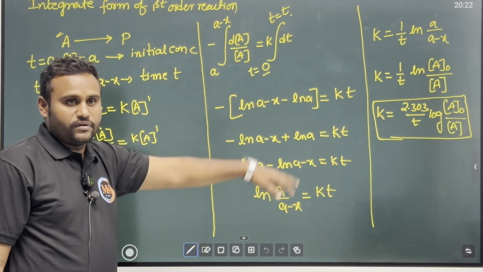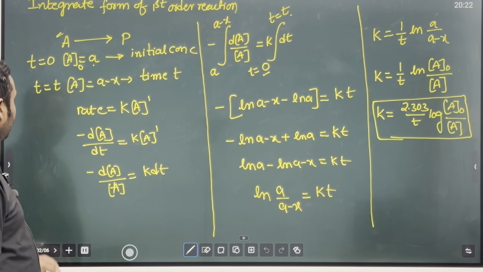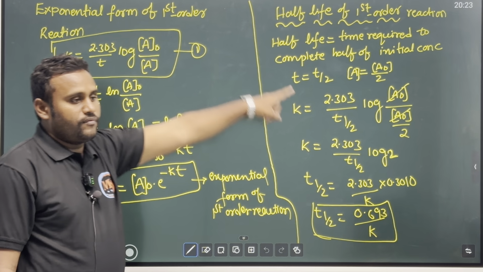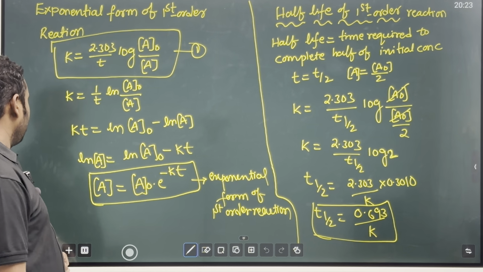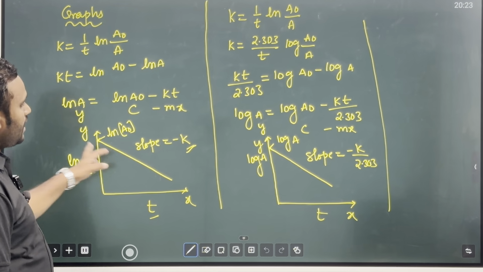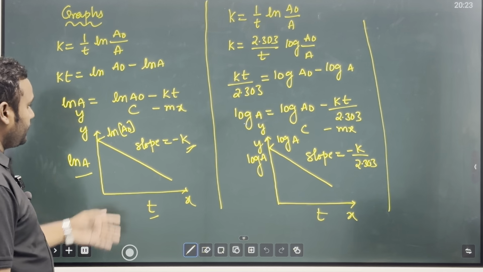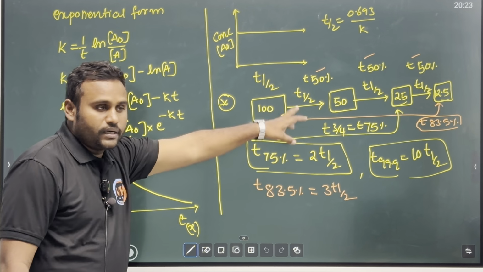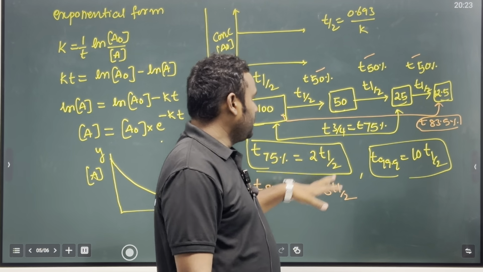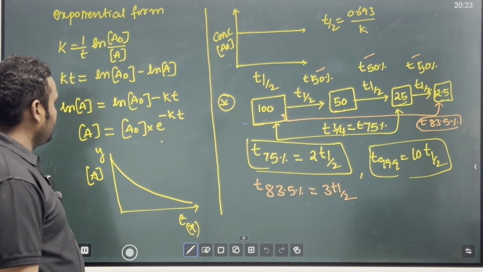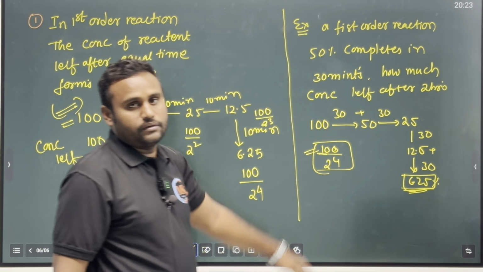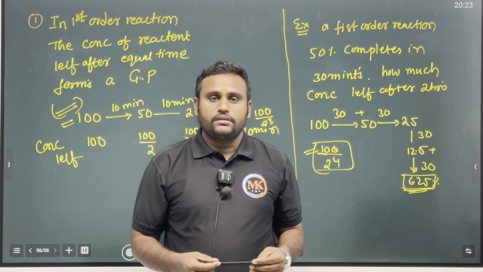What is the integrated form? And the exponential form of first order reaction, and half life of the first order reaction. And next, graphs related to the first order reaction, important graphs. And then after, some important relations in the first order reaction and some calculations here. Okay, important points on calculation. Okay, thank you for watching.